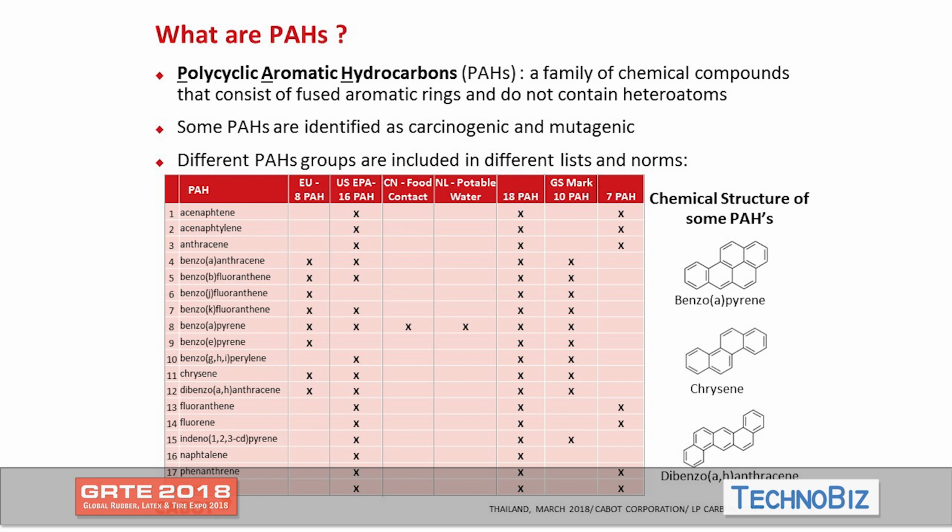For the US EPA, the norm identifies about 16 different kinds of PAH. Currently, China's food contact regulation and the Netherlands potable water regulation talk about just 1, benzo[a]pyrene. And the GS mark has the most complicated requirements, covering all 18 different kinds of PAH.